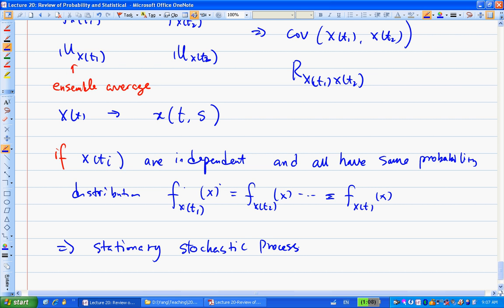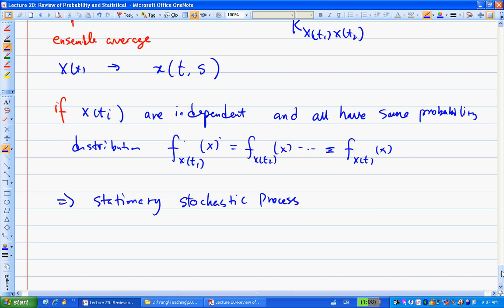So basically it means the statistical characteristics don't change as time goes on. This process everywhere has the same kind of statistics. So that's a stationary stochastic process.